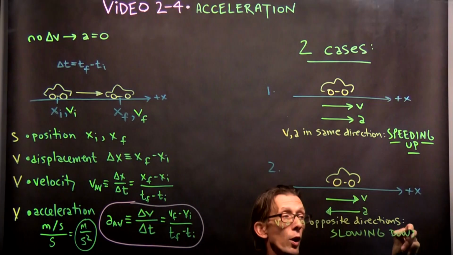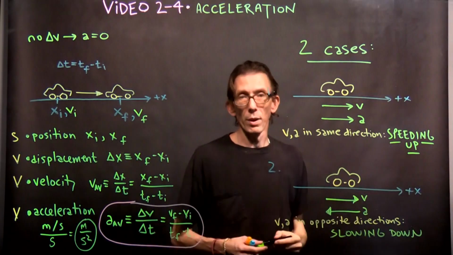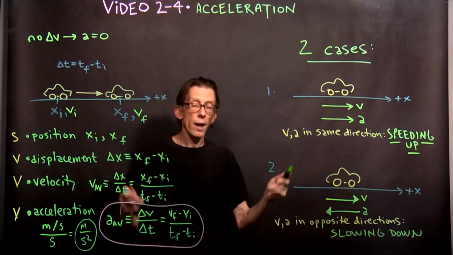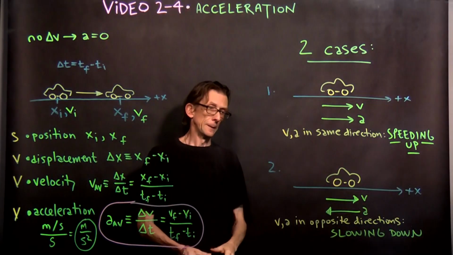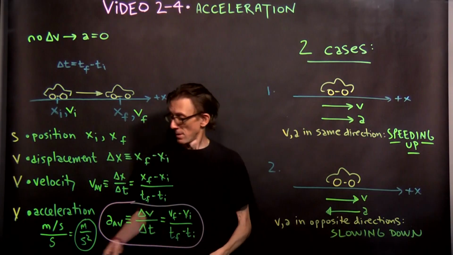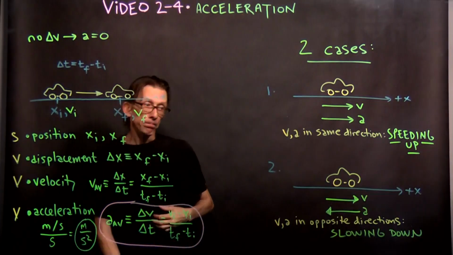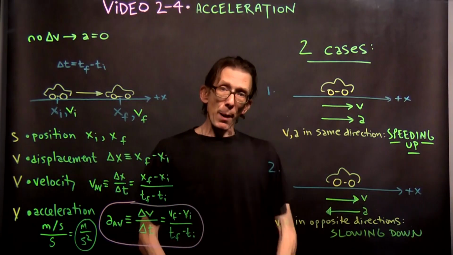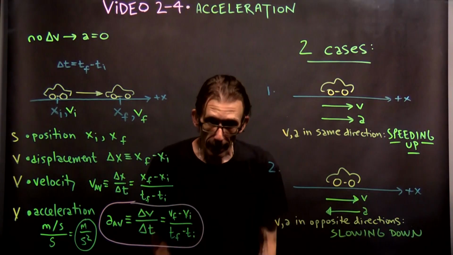And not just true for a car, but for any other thing, a hockey puck sliding along the ice, what have you. When V and A are in opposite directions, the object is slowing down.